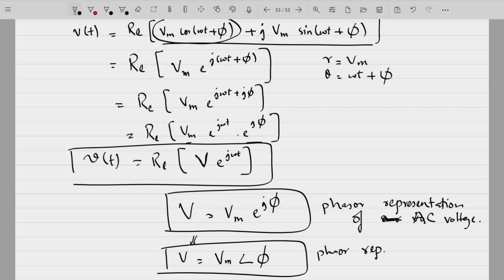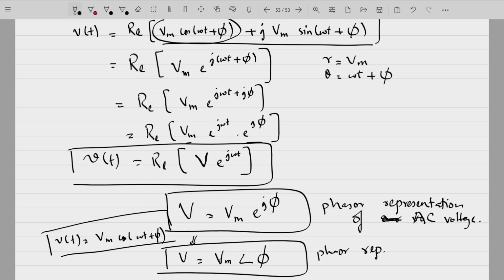Capital V equal to Vm angle phi is the phasor representation, while Vt equal to Vm cos of omega t plus phi is the sinusoidal representation. So if you have any voltage given in sinusoidal form, you can directly say what its phasor representation is.